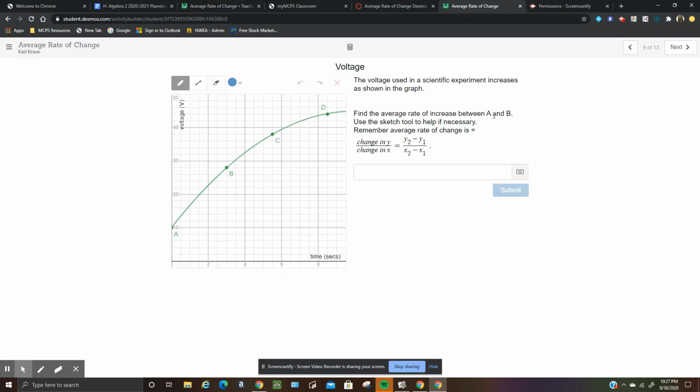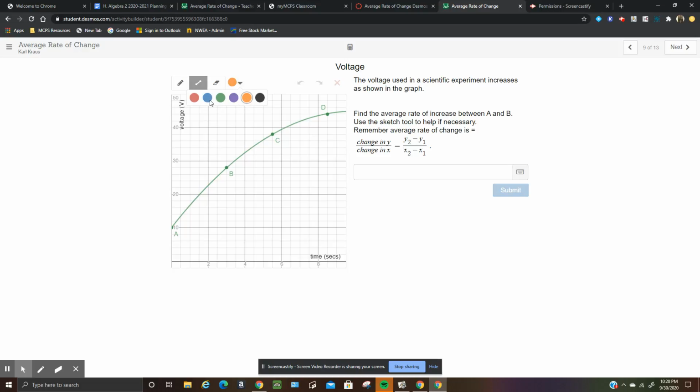So the voltage used in a scientific comparison increases as shown in the graph. Find the average rate of change between A and B. Use the sketch tool to help if necessary. So if I use the sketch tool, I'm going to use the line segment here, and let me make this orange.